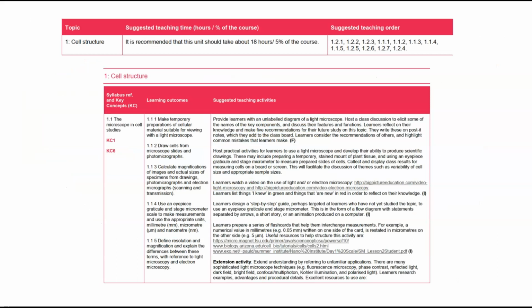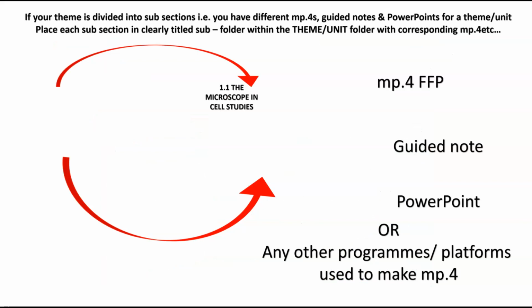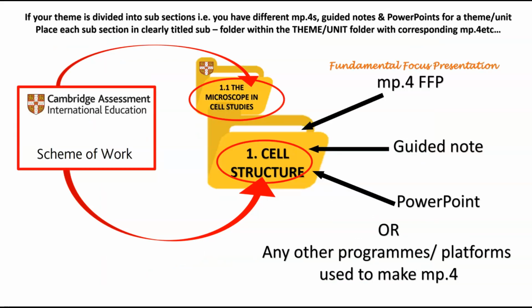So let's look at an example. And here I'm taking a biology scheme of work, cell structure, and the microscope in cell studies. So you will see that cell structure, one cell structure, is your main folder heading, and into that will go 1.1, the microscope in cell studies.